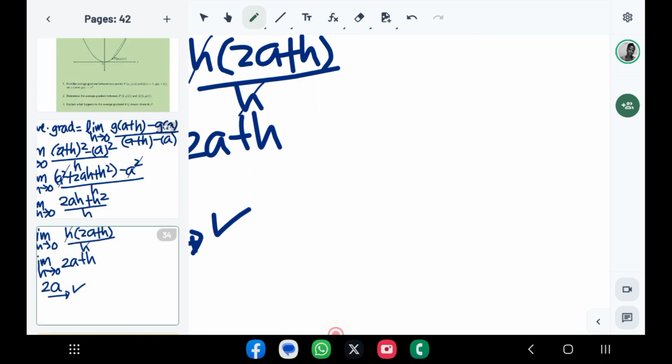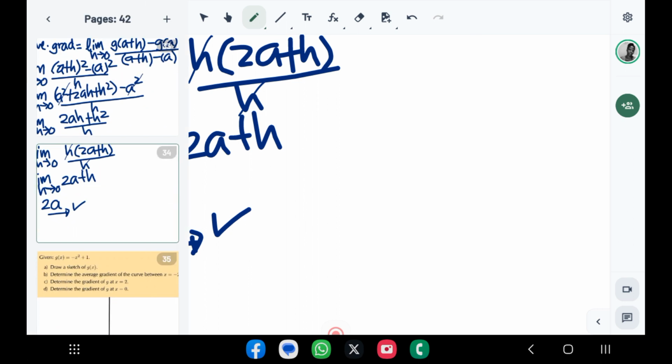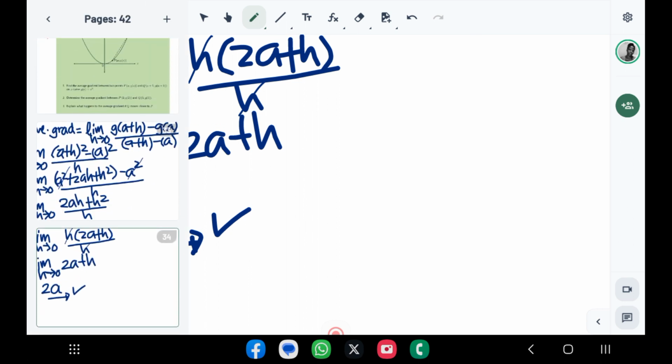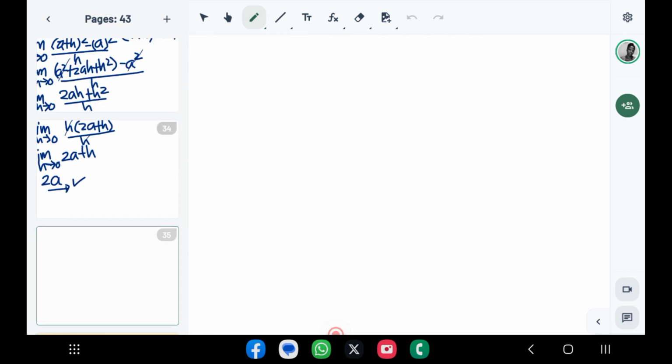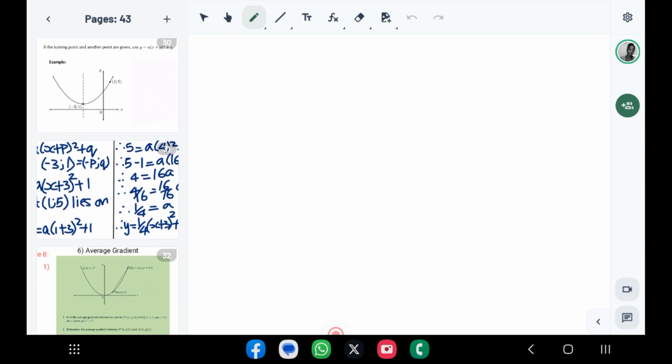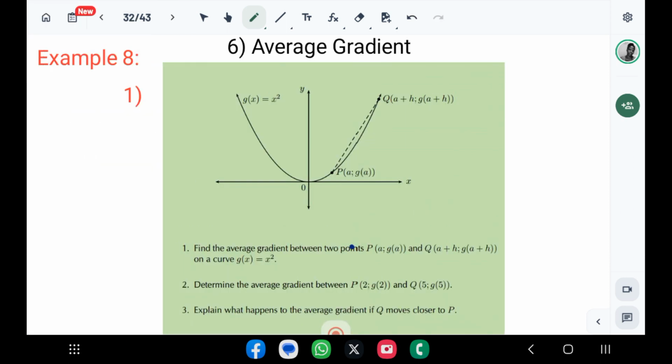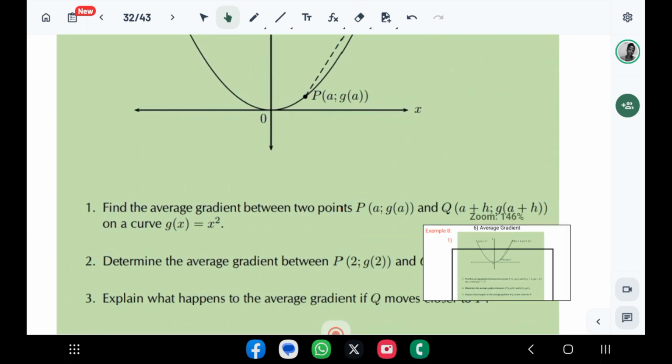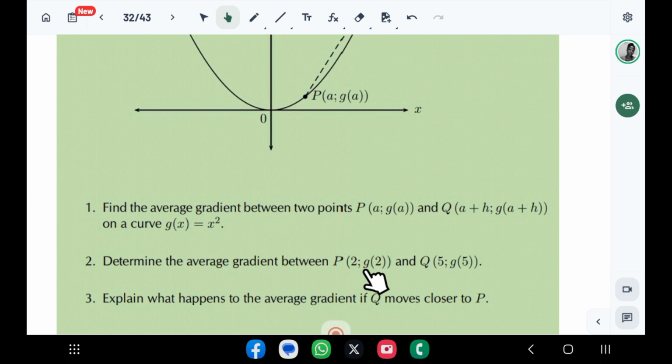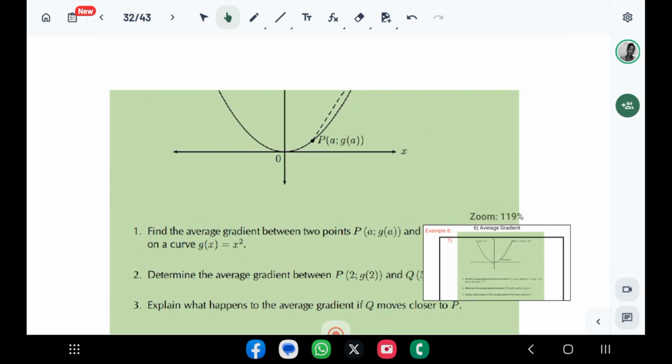Now let's go back to the question. The question asked, determine the average gradient between P of 2 and Q of 5.